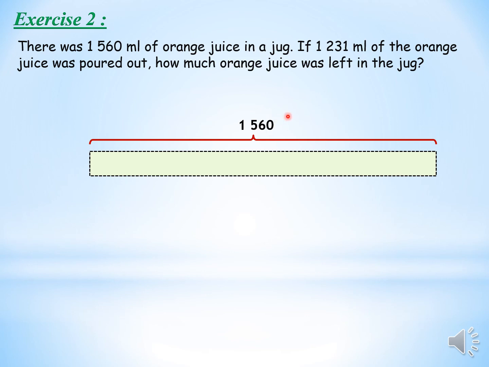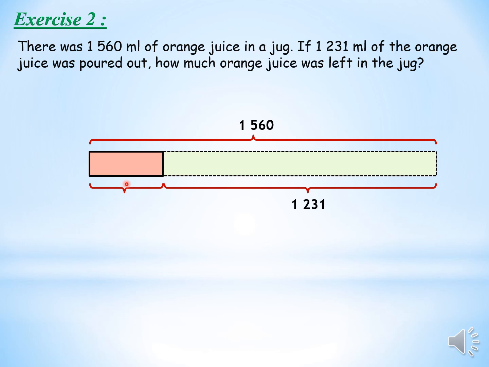There were 1560. And what happened, children? Yes, 1231 was poured out from the jug. That means we should find how much orange juice was left. Yes, in the bar model below, this part shows us the amount of remained orange juice in the jug.